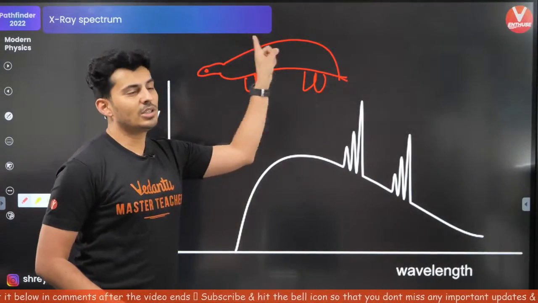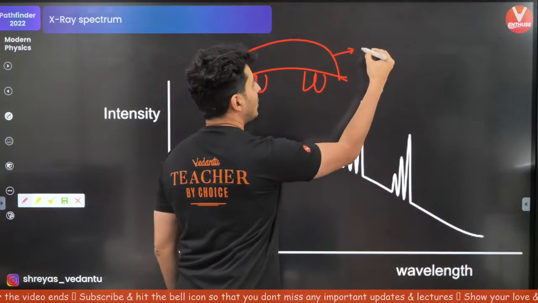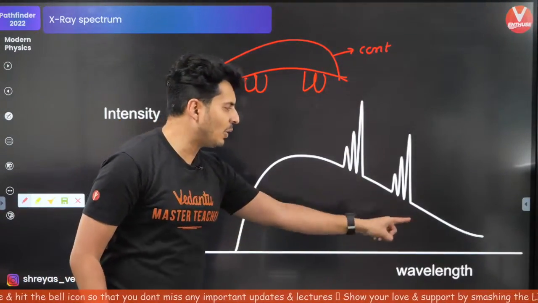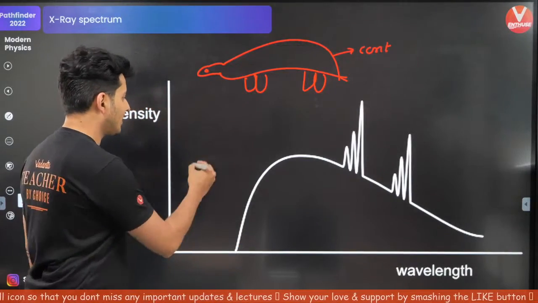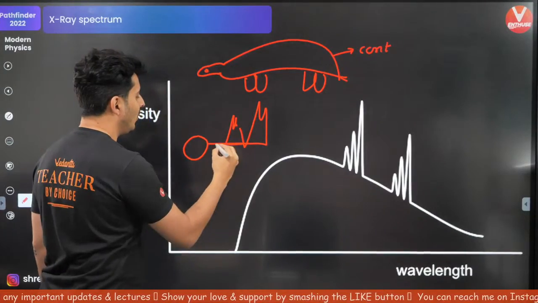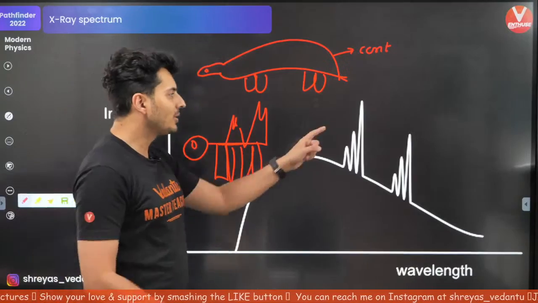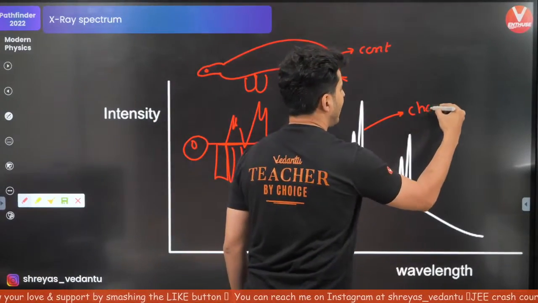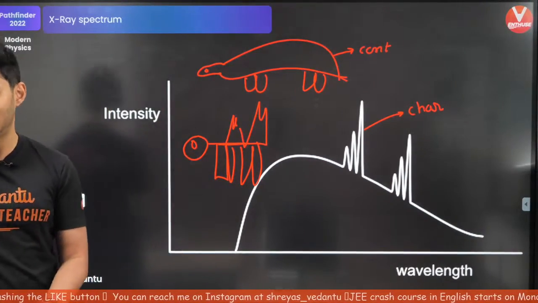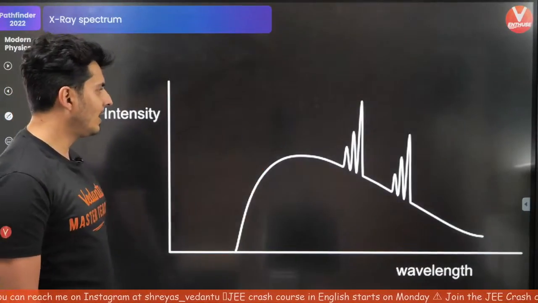Okay, so a dinosaur without the thorns, that's a smooth one.